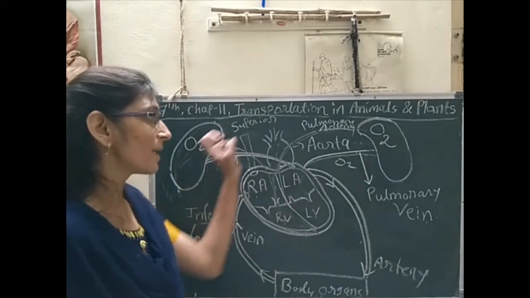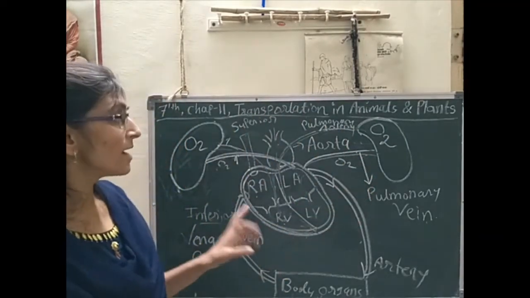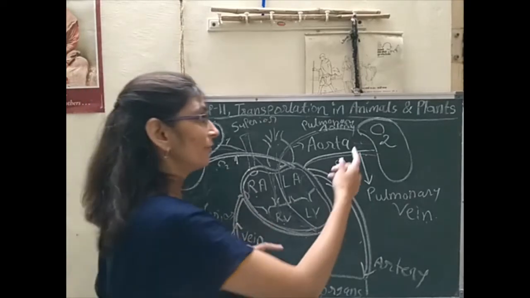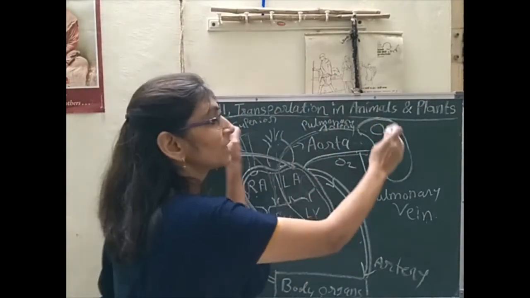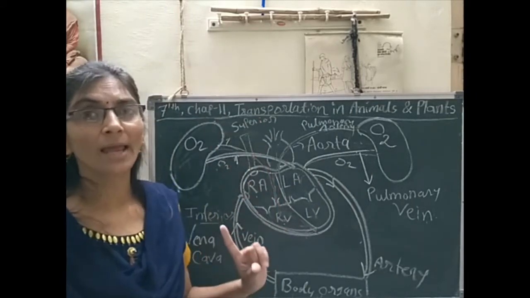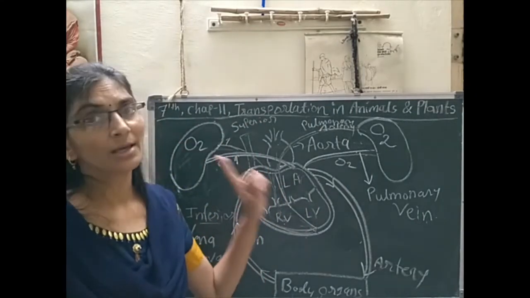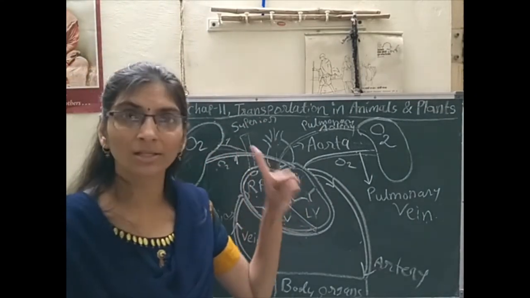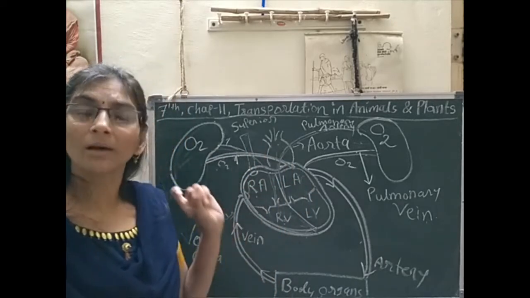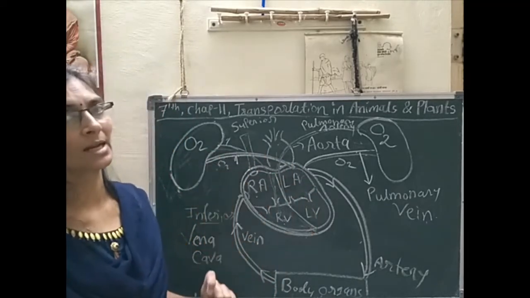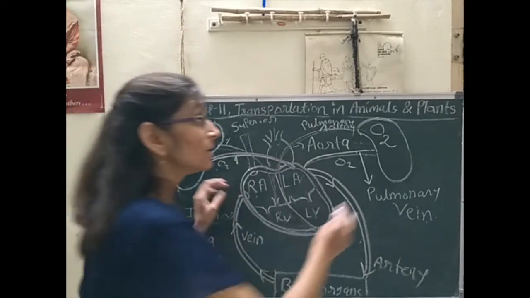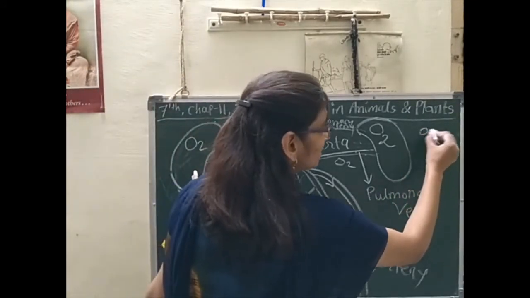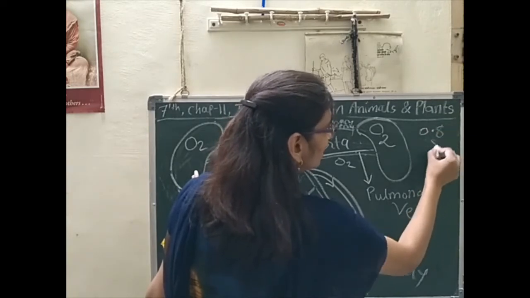So in this manner the blood circulates, and that one circulation, when we start from the lung and the blood again reaches the lungs, is one cycle, and that one cycle is known as one pulse, and we can count that pulse rate. This cycle takes place in only 0.8 second.